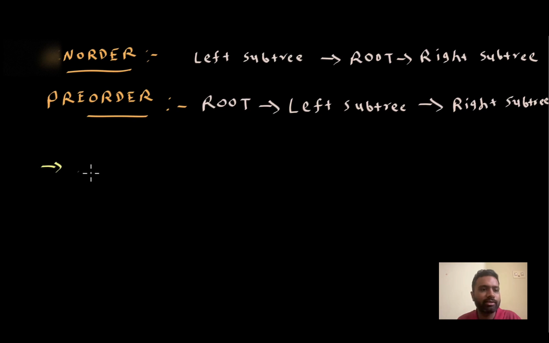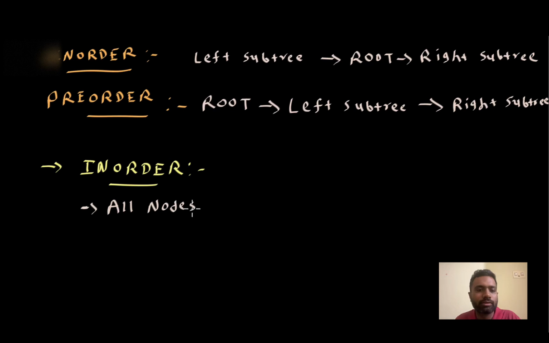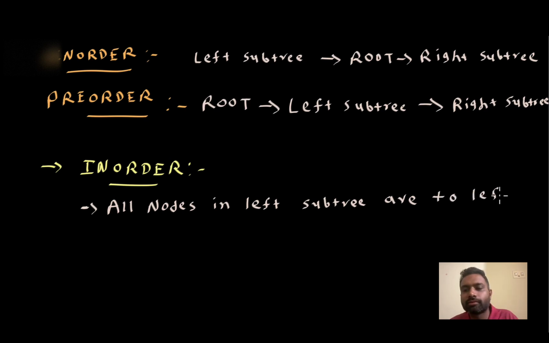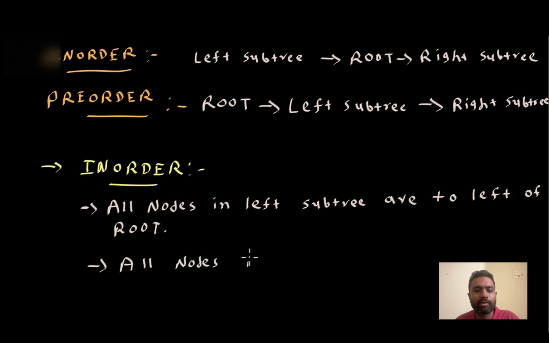Please observe that in inorder traversal, all nodes in the left subtree are to the left of the root, and all nodes of the right subtree are to the right of the root.